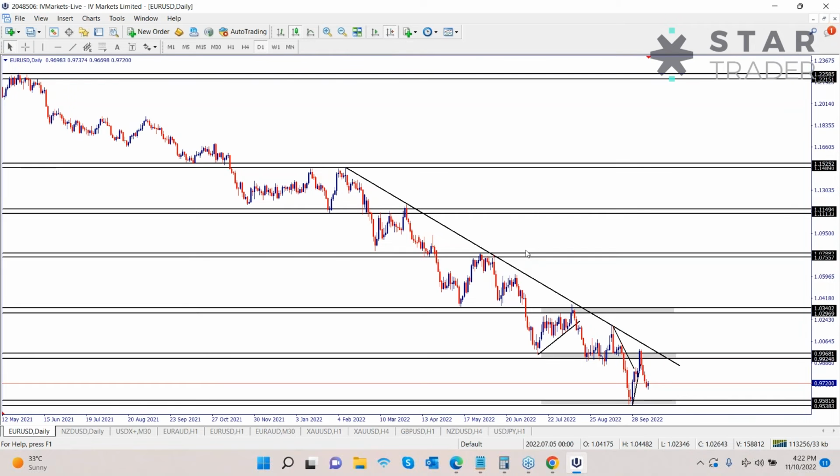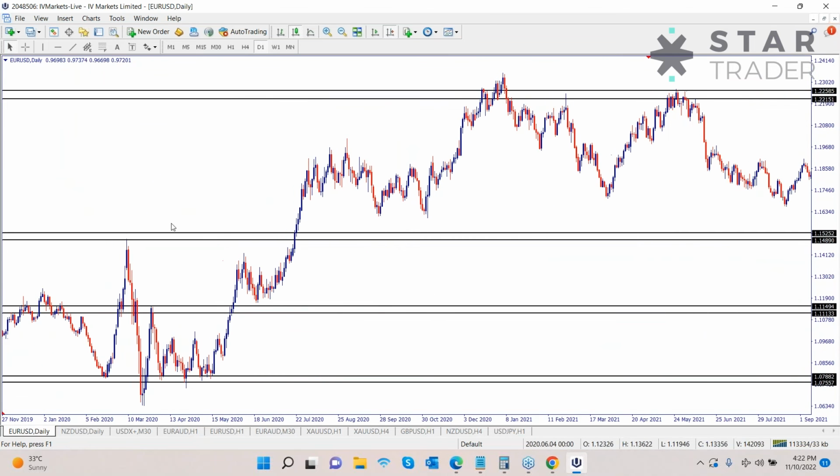Okay, what is trend line? Trend line is actually which is going to tell you the market trend. For example, if it is going bearish, you have to draw your trend line from top to bottom, and when it is going bullish, you have to draw it from bottom to top. So let's see over here.